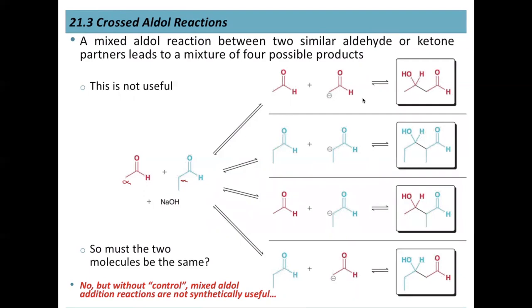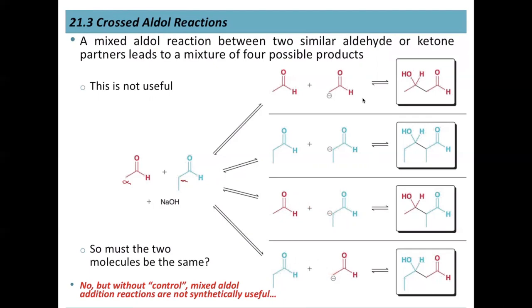Those products come from this enolate here reacting with itself, which we would call a self-aldol reaction. This enolate here reacting with itself in a self-aldol addition. This here, what we would call a cross-aldol reaction. So the enolate on the blue molecule reacting with the red, and then the red reacting with the blue.